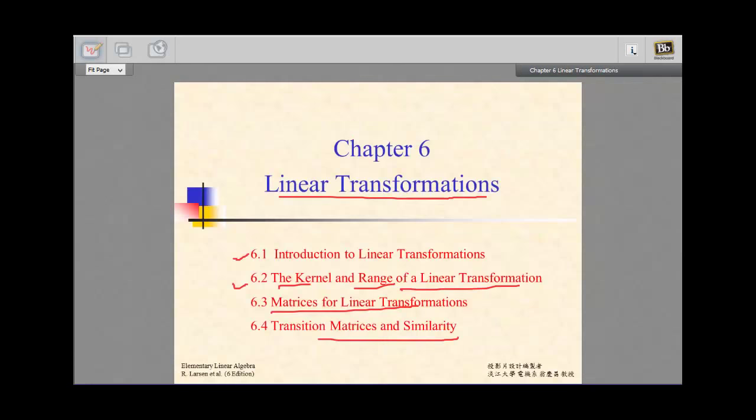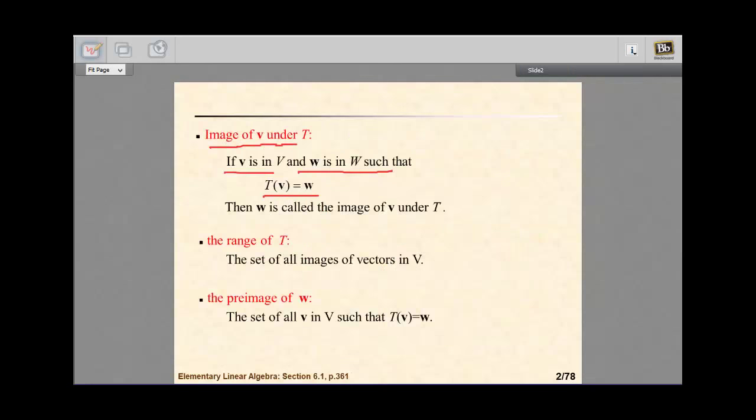Then w is called the image of v under T.